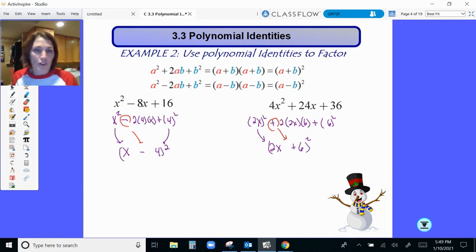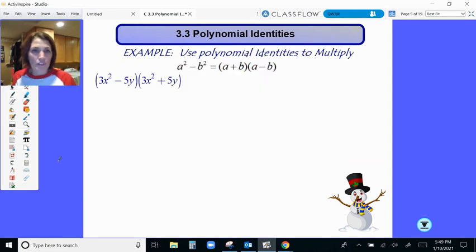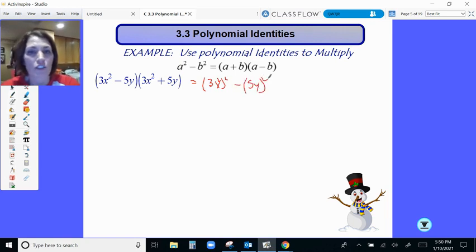Well, now with these, you can actually go forward and backwards. So I can go from having my difference of two squares here, if this is 3x squared minus 5y times 3x squared plus 5y, I don't have to do the whole FOIL. I know that the opposite terms are just going to cancel out. So it's just going to be 3x squared squared minus 5y squared.